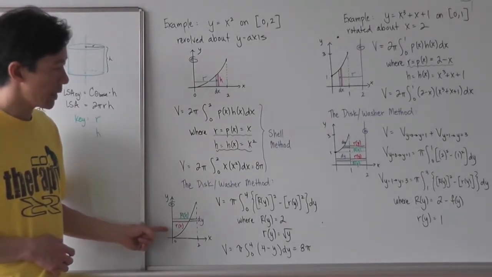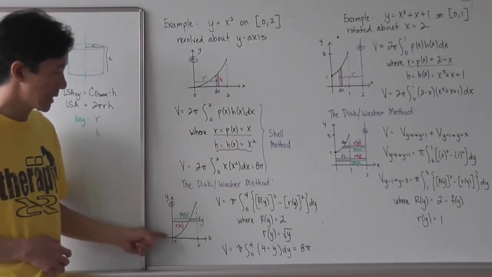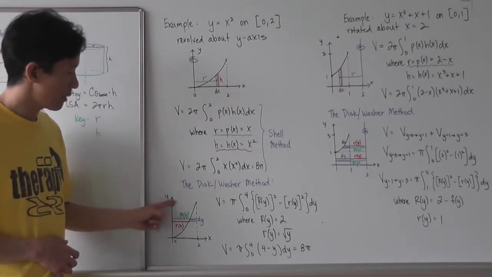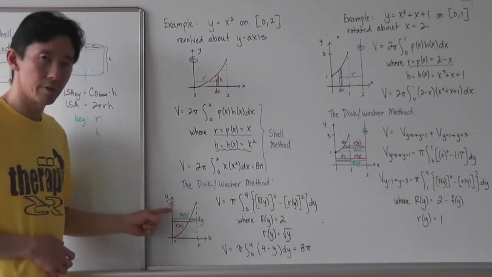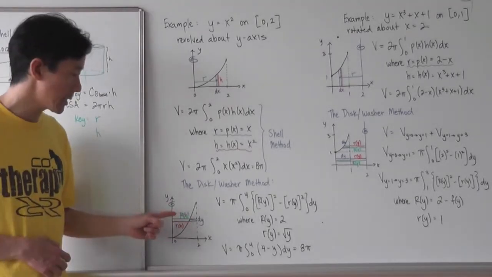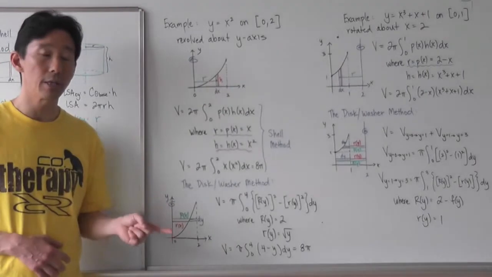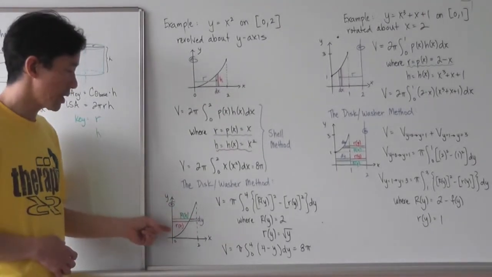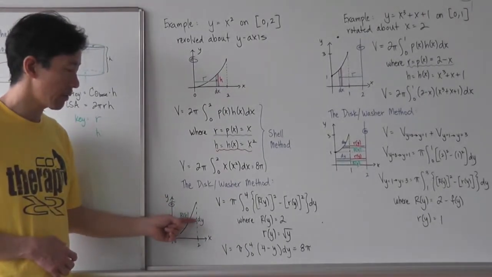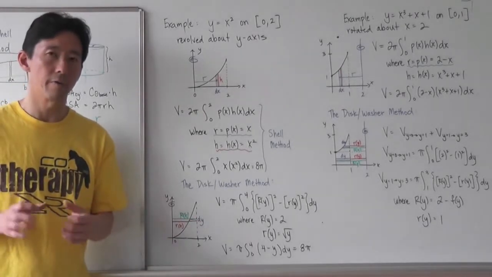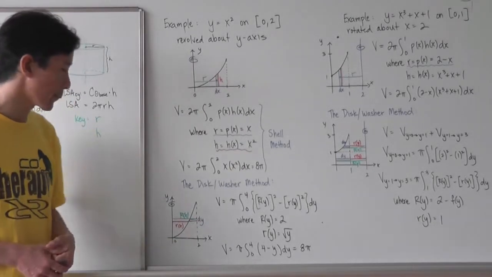So if we were to use the disk or washer method for exactly the same situation, we need to make sure that our axis of revolution is the y-axis, and therefore our rectangles have to be perpendicular to the axis of rotation. Therefore we're dealing with this rectangle here, and our variable of integration is going to be y.